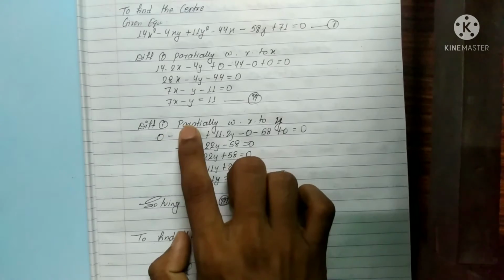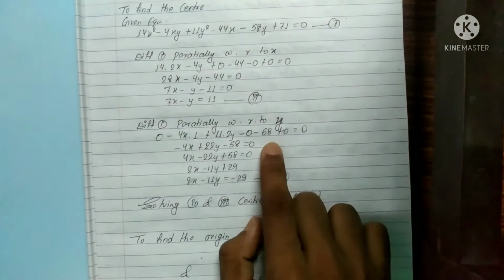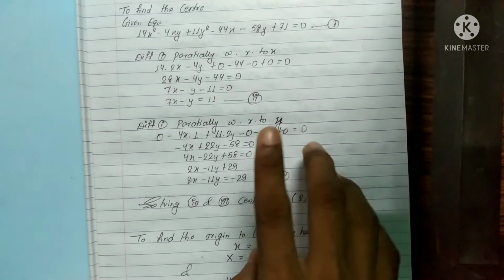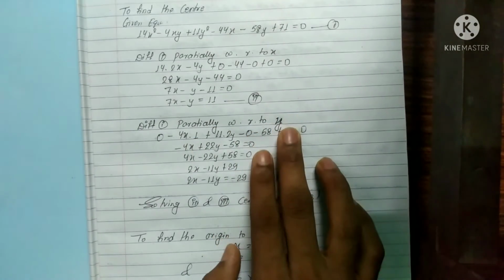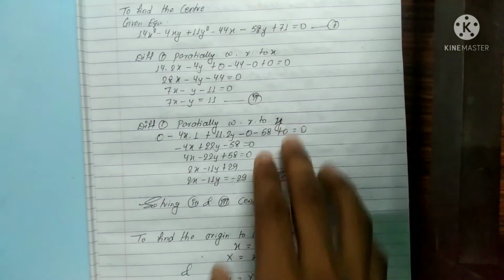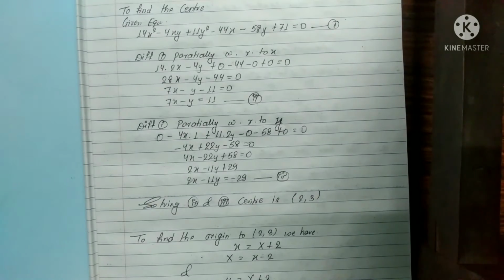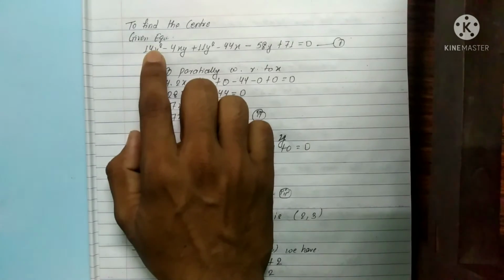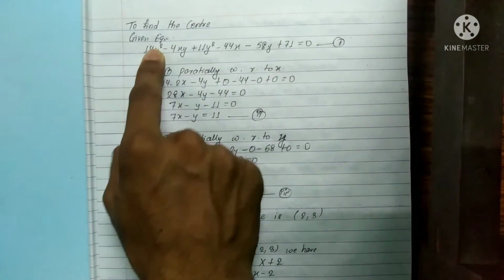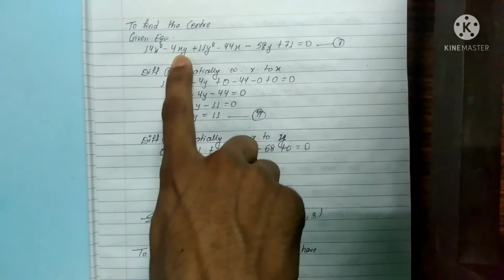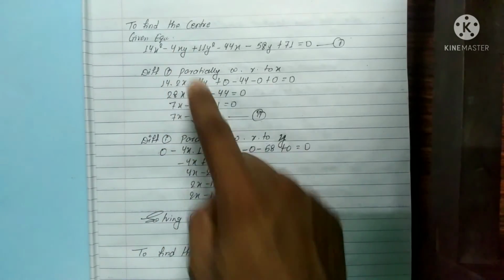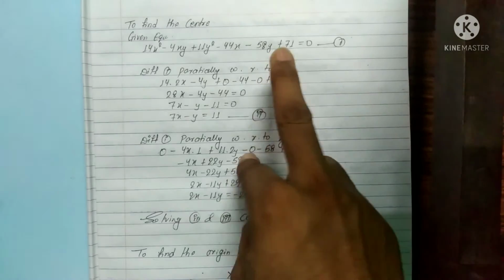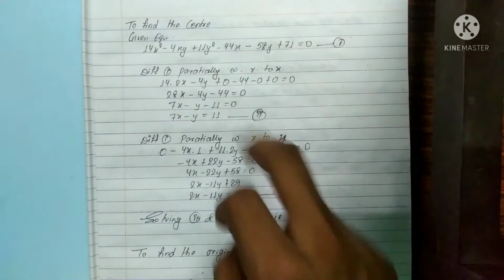Now differentiate equation 1 partially with respect to y, keeping x constant. 14x squared is constant, the derivative of minus 4xy is minus 4x, and the derivative of 11y squared is 22y. Minus 44x is constant, so 0.